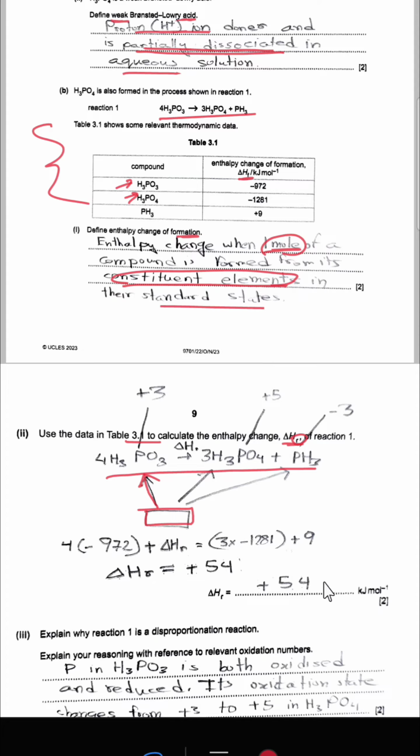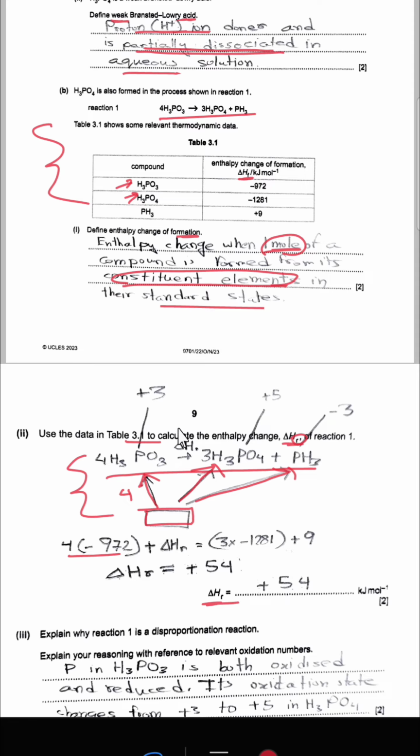But since we just need to find the enthalpy change of reaction and not draw the diagram, we can ignore writing this. As H3PO3 is formed from its elements, and as there are 4 moles, we multiply its value by 4. Then H3PO4 is formed, so the arrow is towards H3PO4. PH3 is formed, so the arrow is towards PH3.